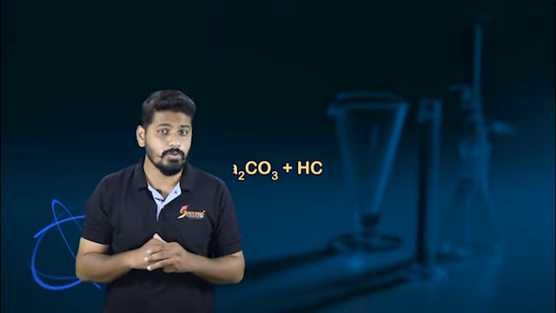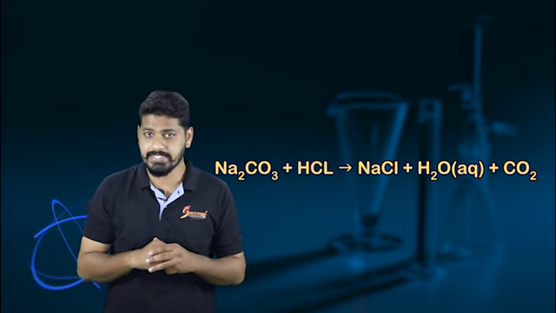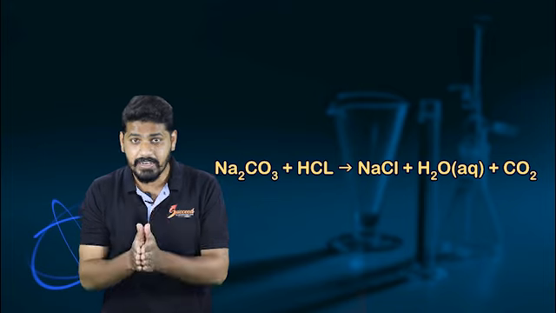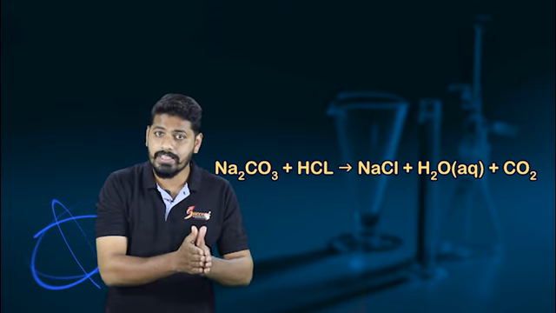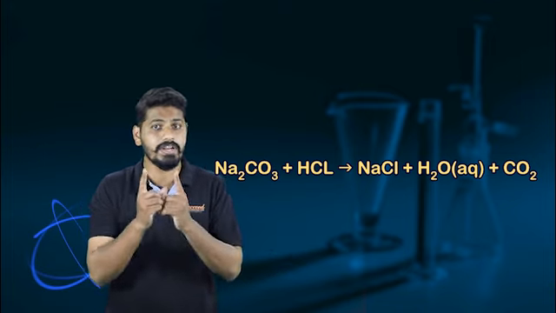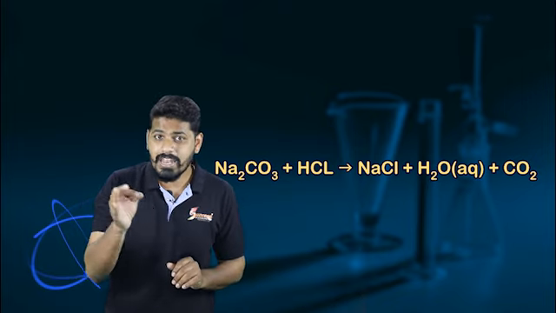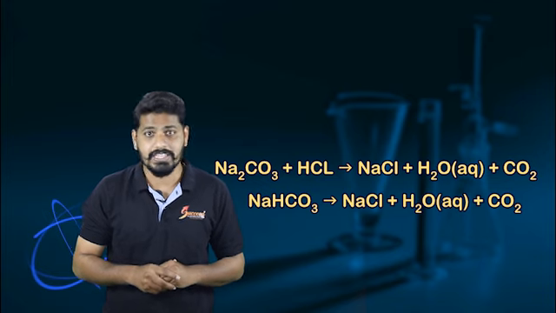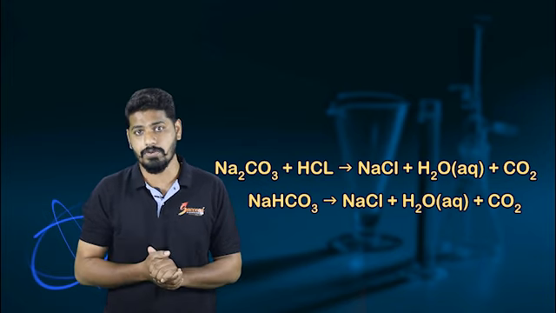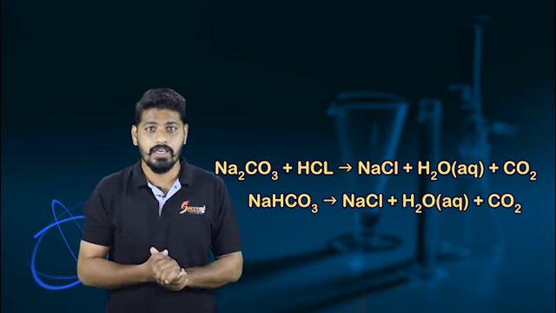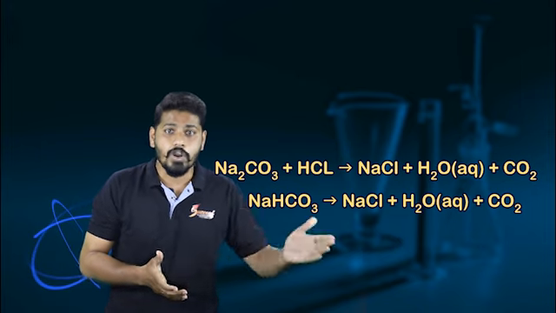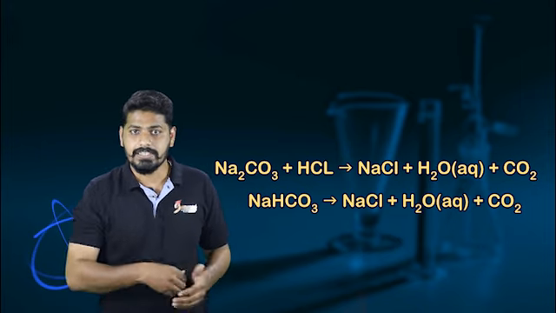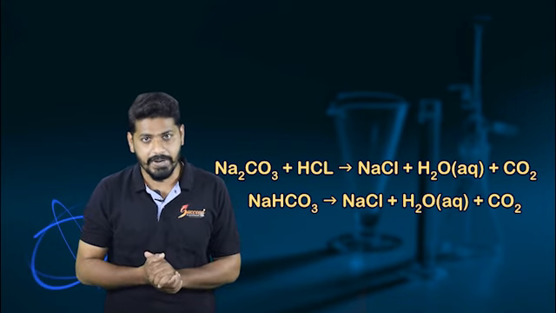Whenever sodium carbonate reacts with HCl, it forms NaCl, water and carbon dioxide. Similarly, when sodium hydrogen carbonate reacts with an acid, that also forms NaCl, water and carbon dioxide. In both cases, the common product is carbon dioxide.